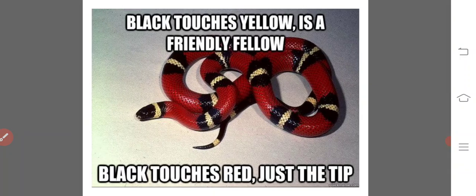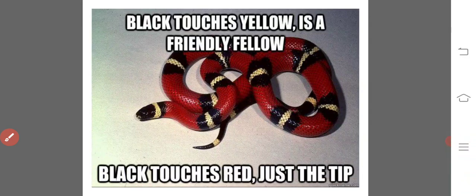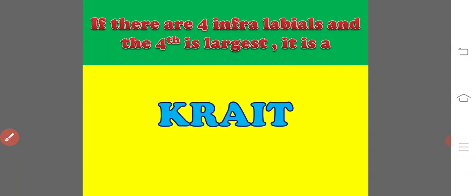And if the black touches the yellow, that is, black and yellow side by side, it is a friendly fellow. It never causes any harm to organisms. It is a simple tip: red and yellow kills a fellow. So then we can identify the venomous coral snake.